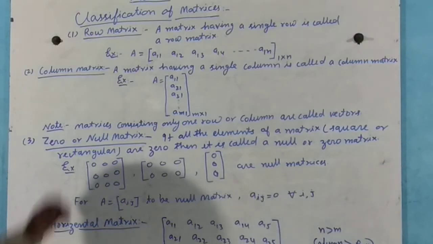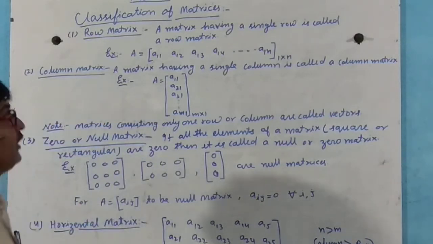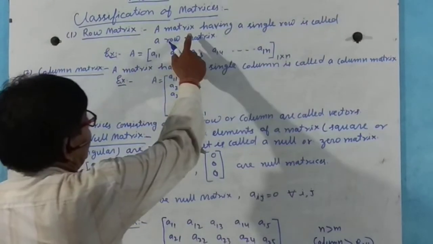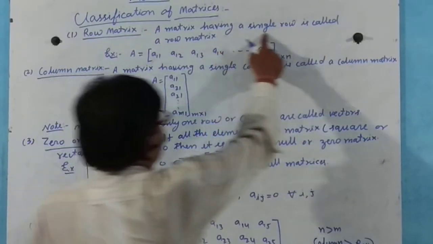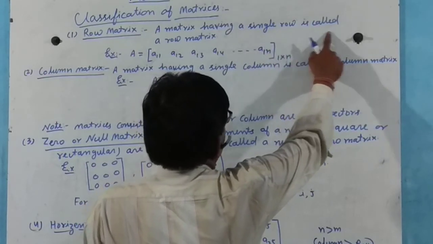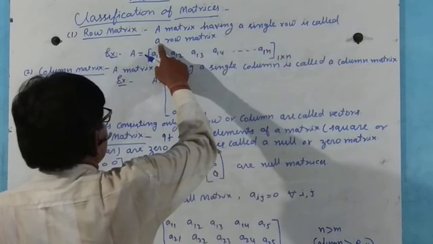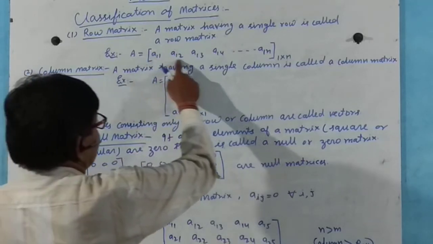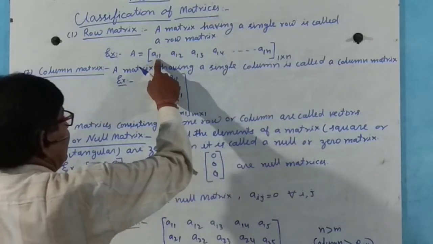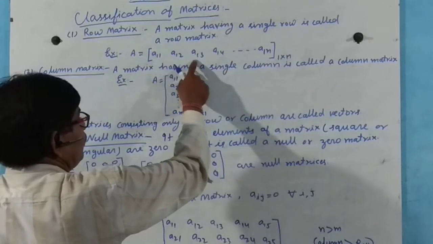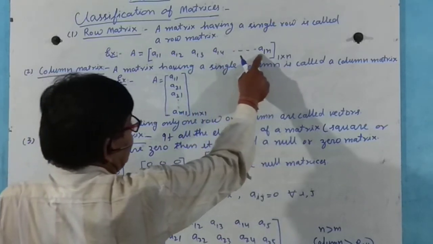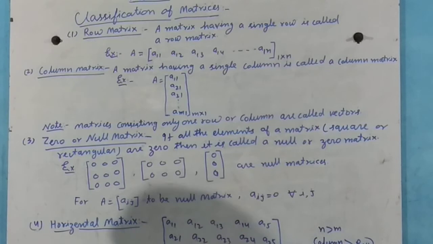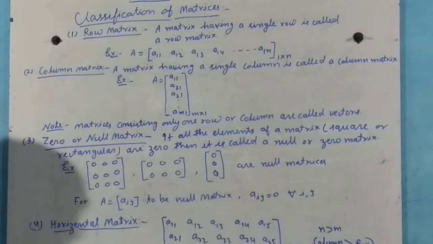Now classification of matrices. Row matrix: a matrix having a single row is called a row matrix. It means that here this is a single row, its elements A11, A12, dot dot A1n, only a single row, so that it is known as a row matrix.